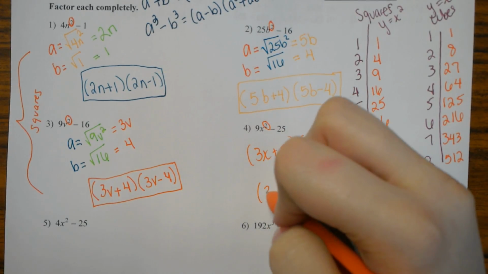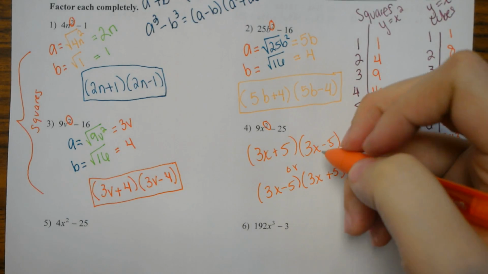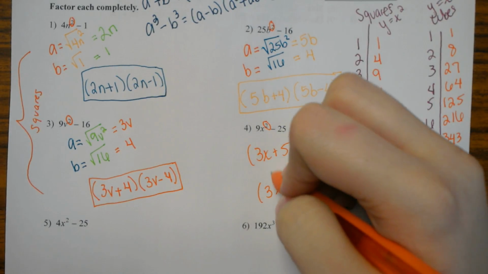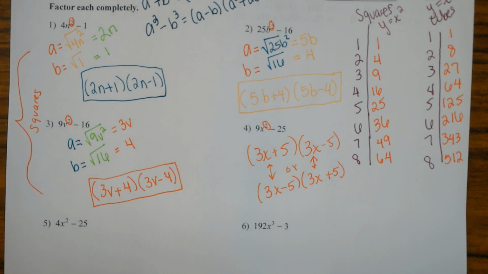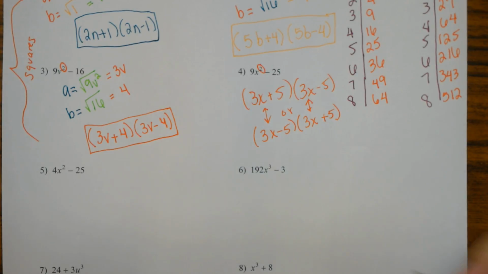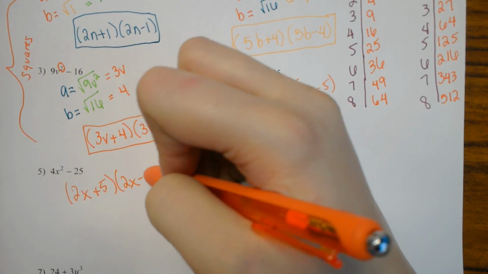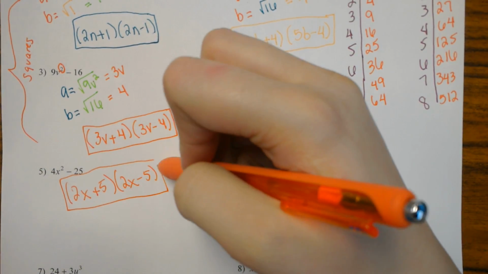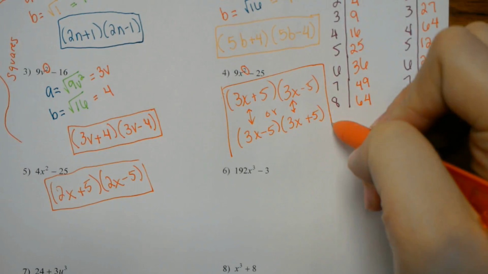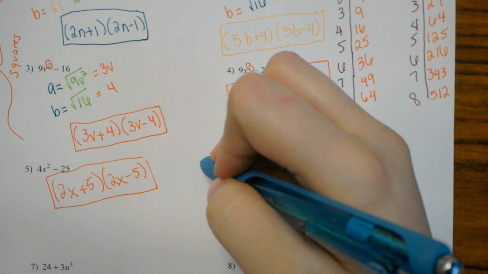It doesn't matter which one you write first. Then number 5, that's going to be 2x plus 5, 2x minus 5. So those were my squares.